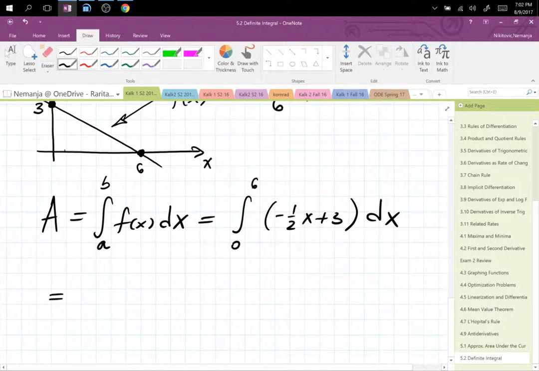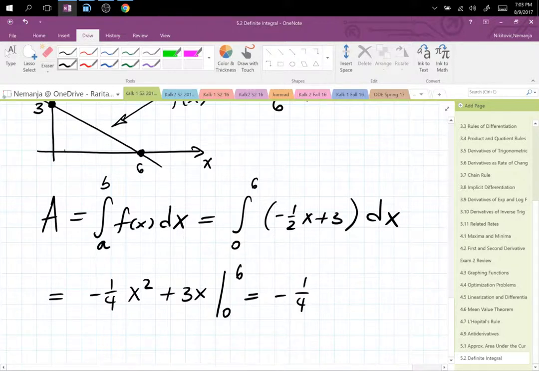So when I integrate, I get negative 1/4 x squared, because it would be x squared over 2, and then half times half, right? Plus 3x computed from 0 to 6. And then I plug everything in.